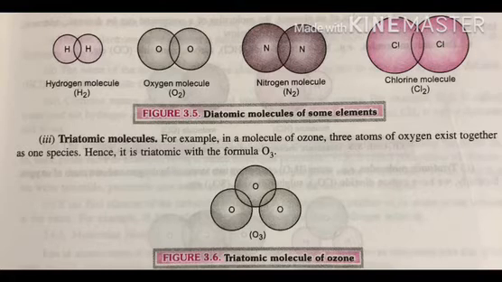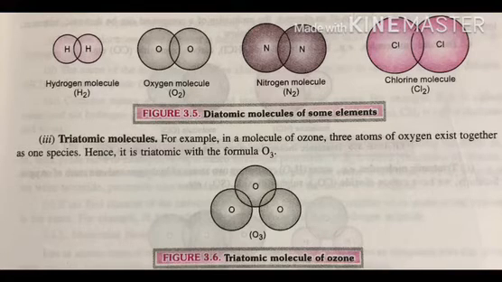In nitrogen and chlorine also the same: two atoms of nitrogen combine to become one molecule of nitrogen, that is N2. Two atoms of chlorine combine to become one molecule of chlorine, that is Cl2.